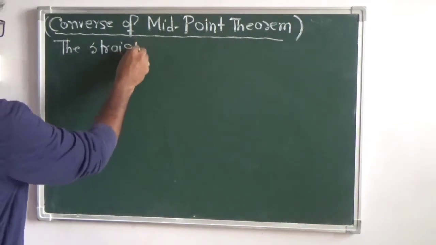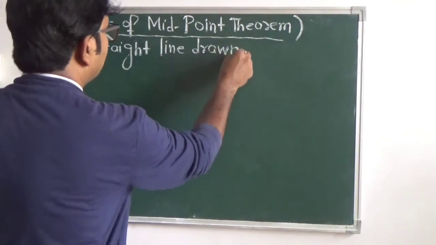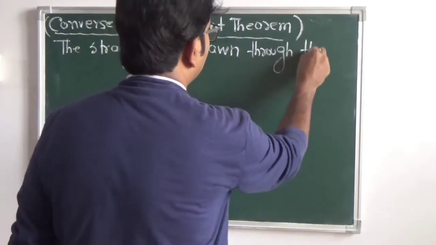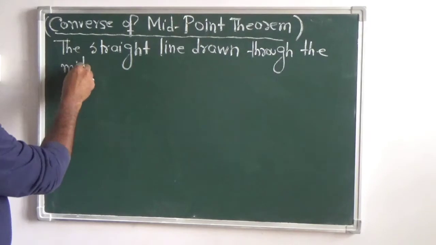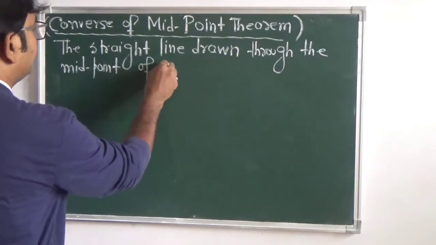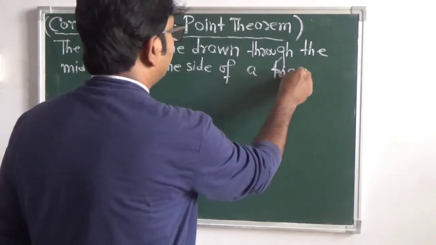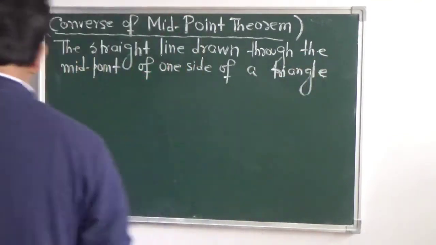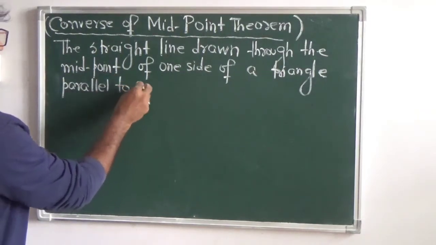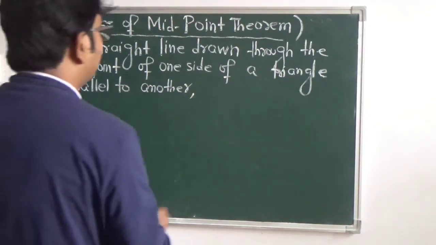The straight line drawn through the midpoint of one side of a triangle parallel to another bisects the third side.